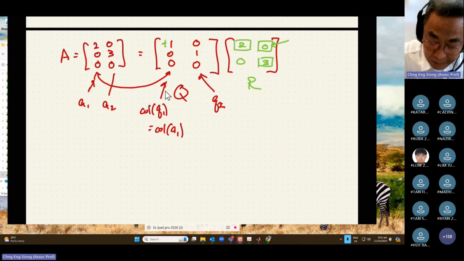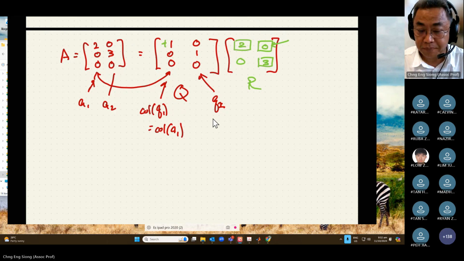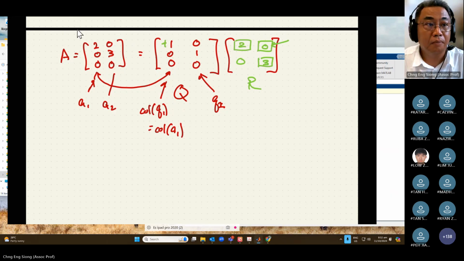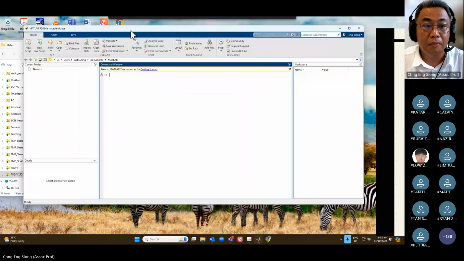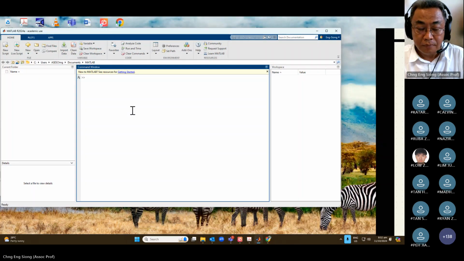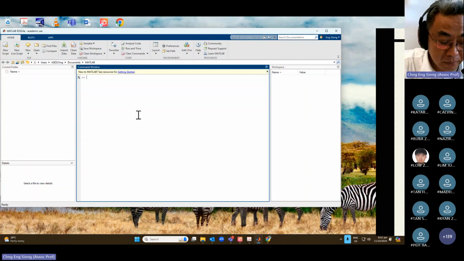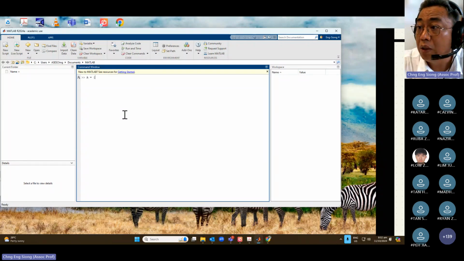All right, let's see MATLAB. A equals to 200300.